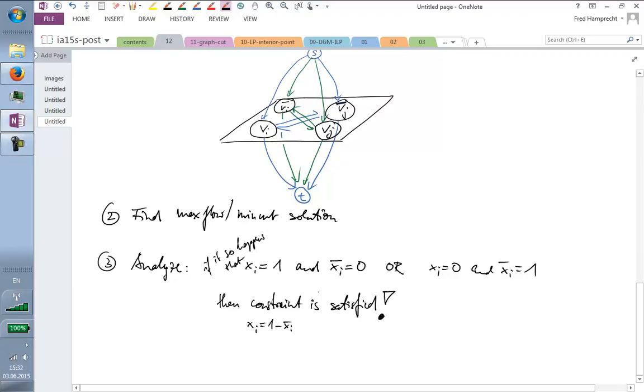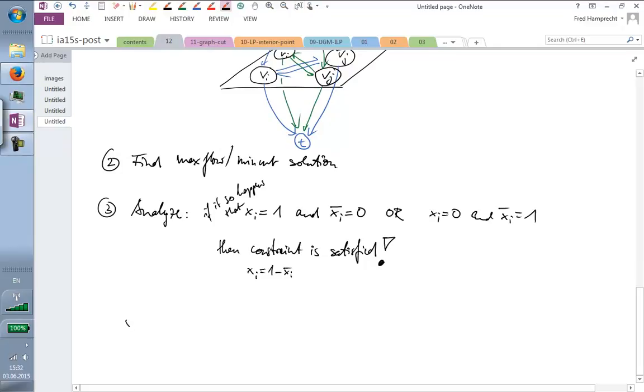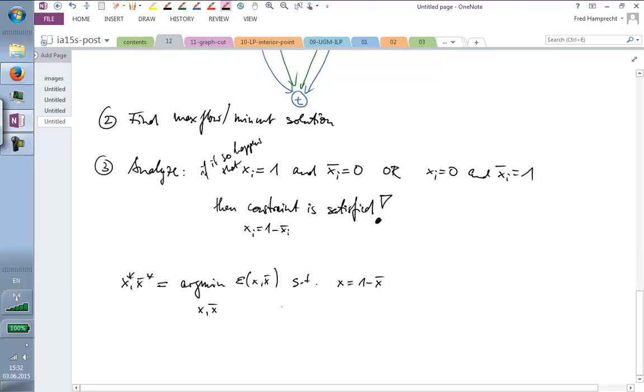Because the global solution, so let's say x, x bar, let me put here a star, they are the arg min if I optimize over x and x bar of this energy depending on x and x bar such that x equals 1 minus x bar, and all of these x's here are vectors. This is a general statement, okay? This is just the statement of the optimization problem.